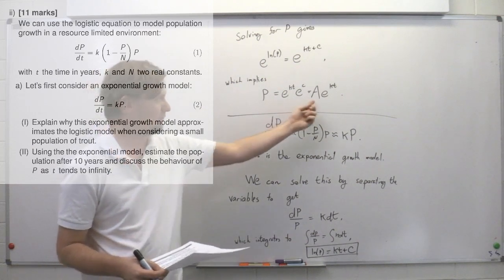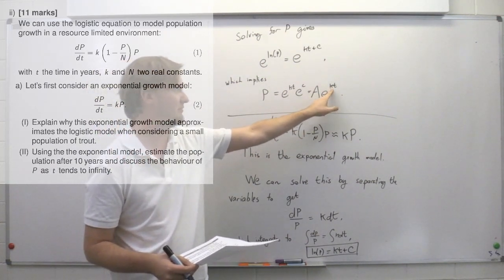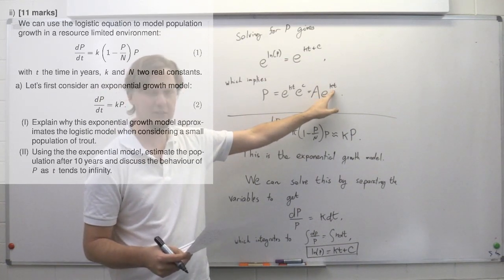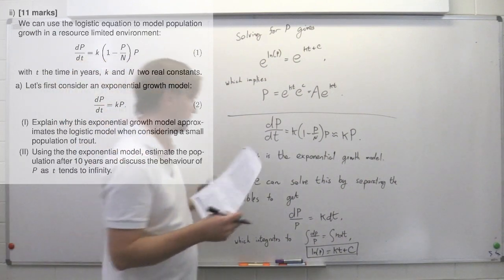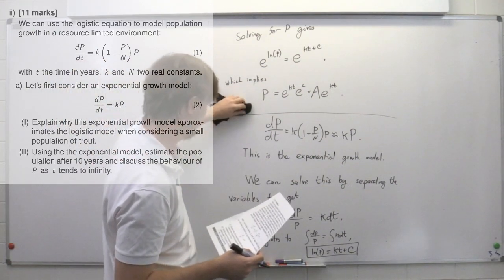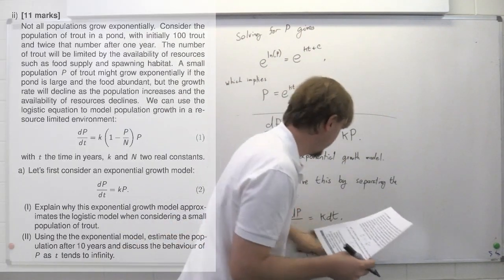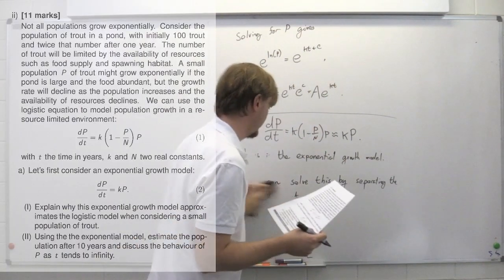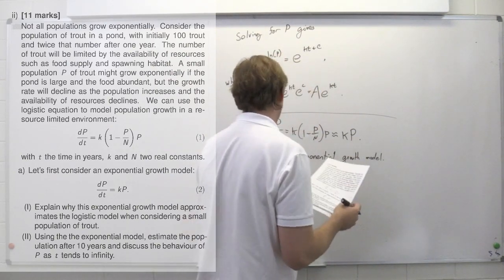Now we do have two parameters here we need to fit. We need to fit this a and we need to fit this k. So we really need to look at the original question and pull out the two pieces of information we need. One of them is given quite explicitly, the other one slightly hidden in the text. Not very much, but it's not just a straightforward number your eyes can see.